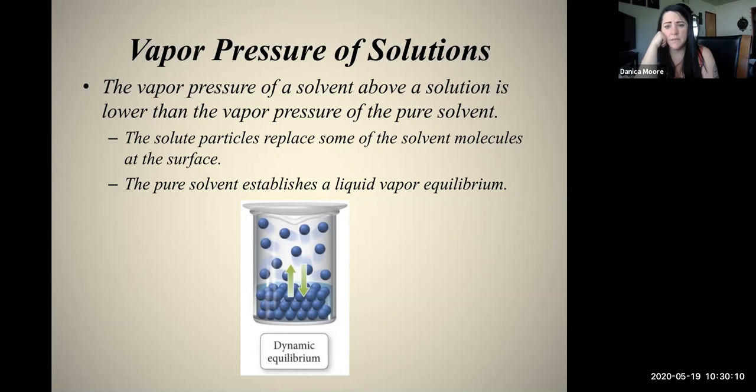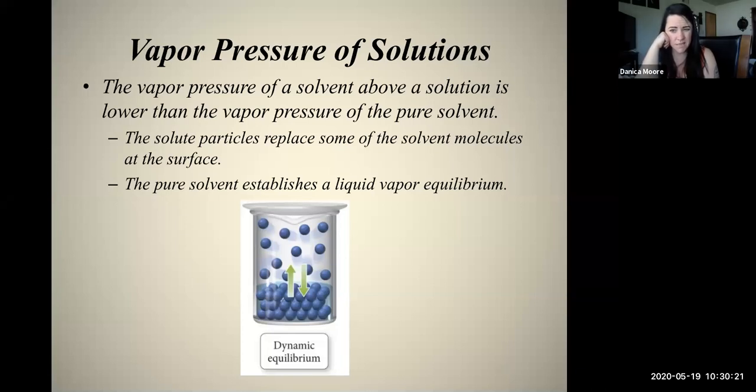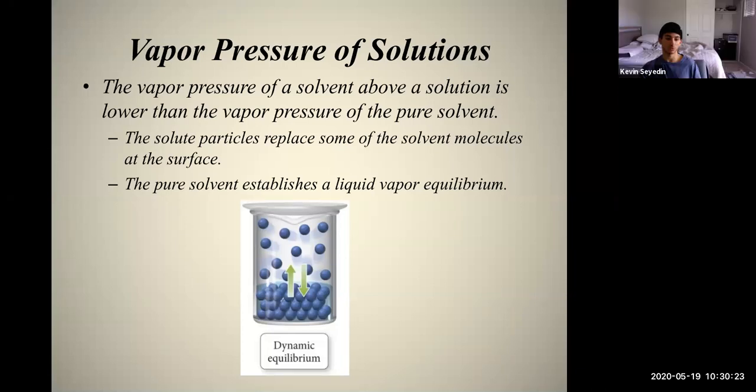So if the intermolecular forces are increasing, what's happening to the vapor pressure? It's going to decrease. Does that make sense, guys? It's going to want to stay in liquid form because the forces are stronger. Exactly.